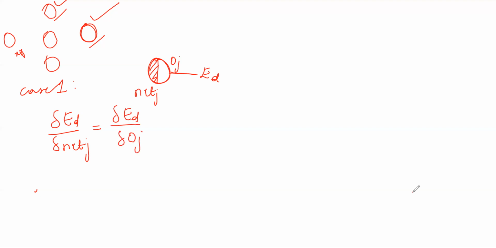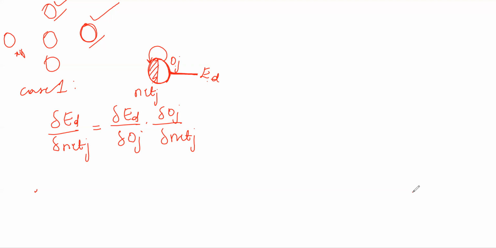I have to first get the output value of this. So from here to here, I get delta OJ divided by delta net J. So first operation is ED with respect to OJ, then OJ with respect to net J. This will directly give me ED to net J. So I have written it very simple and neat.